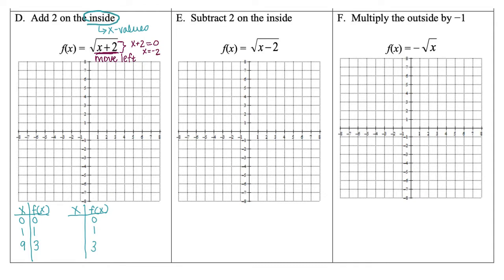And so that's really the value that you're changing on the inside. So on the inside, the x values change by -2. That's why you moved to the left in your parent function notations.